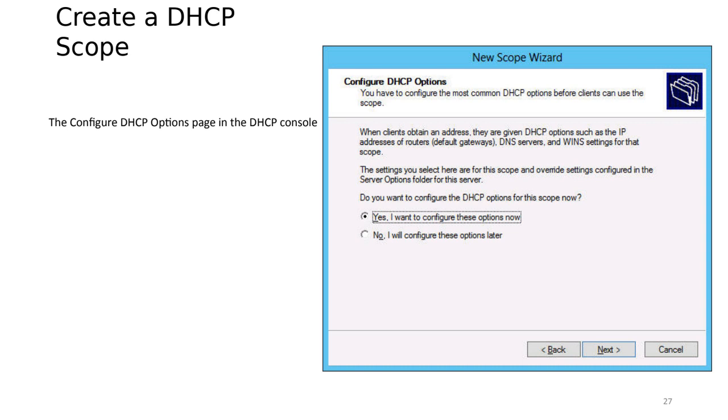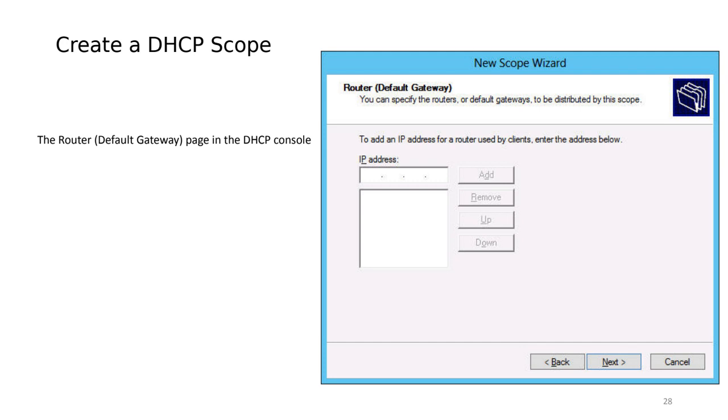Then we have configure the DHCP option page in the DHCP console. All right. So you want to configure these options or not, like the gateway, the router, and the extra information. Okay. If you say yes, then you need to give the router IP address or your gateway.